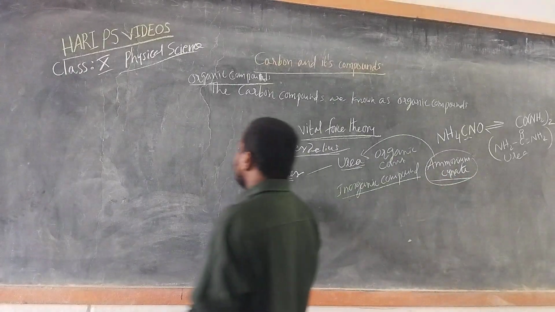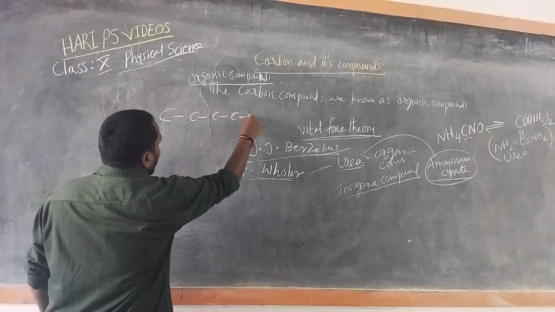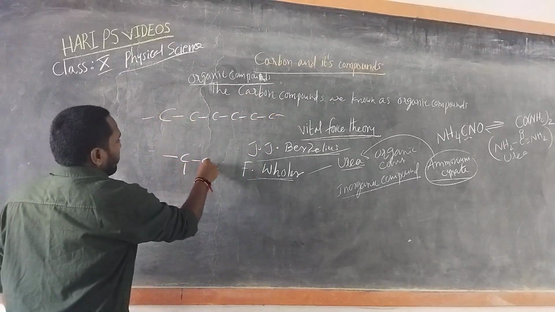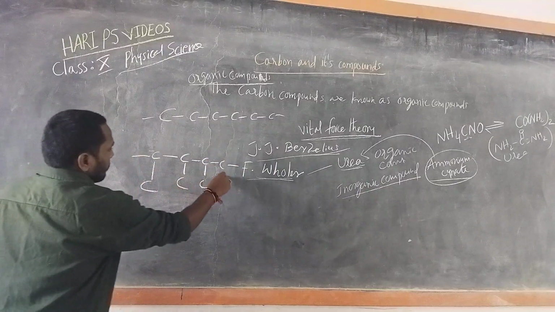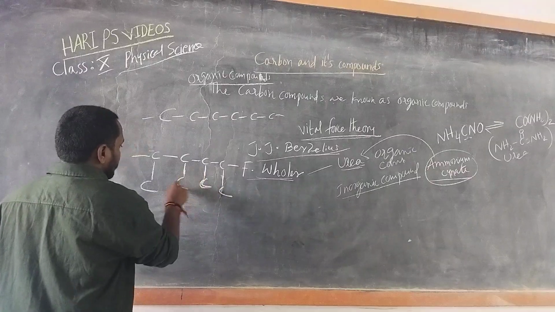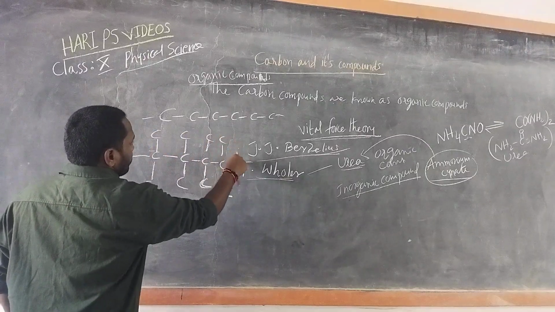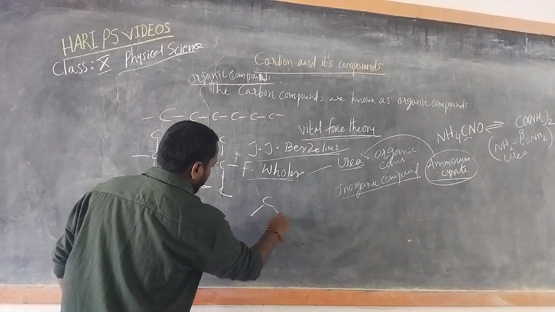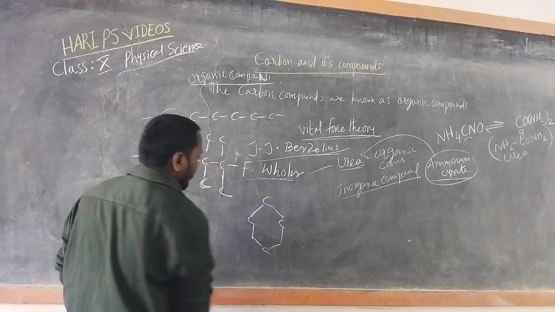As already discussed, carbon produces long chain structures, branched structures like this, and closed ring structures.